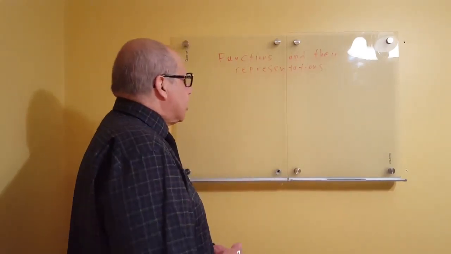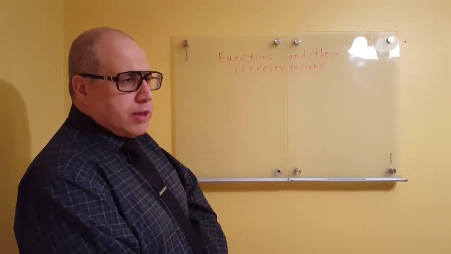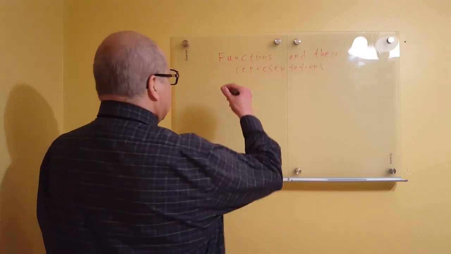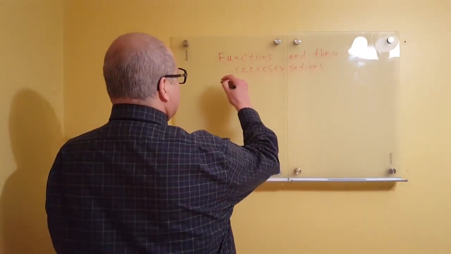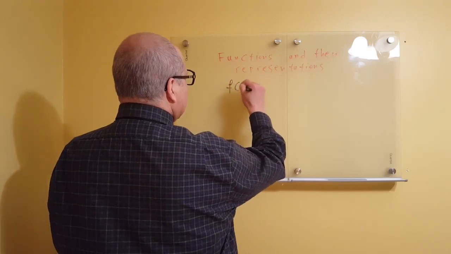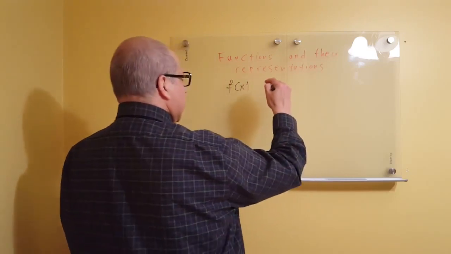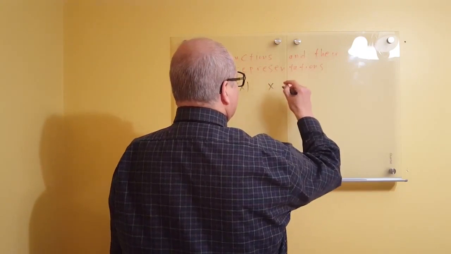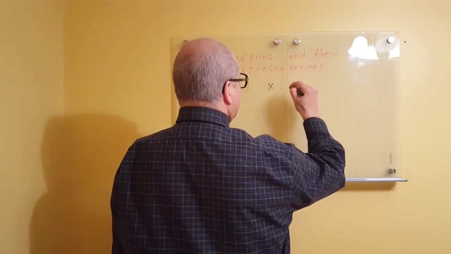So let's start. We start with the function. A function formally in math is a rule, let's say f of x, which assigns values from a point x.